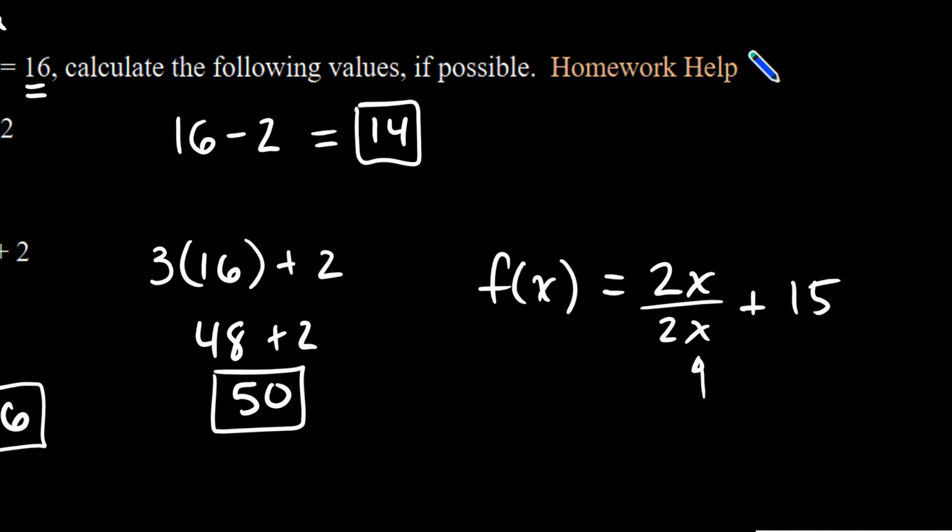But as long as x is not 0, anything that goes into that function is going to produce an output of 16, because if I put in 10, it would become 20 over 20, which is equal to 1, and 1 plus 15 is 16. So this is an example of a function that would produce an answer of 16 all the time, except for one notable exception, when x is 0.